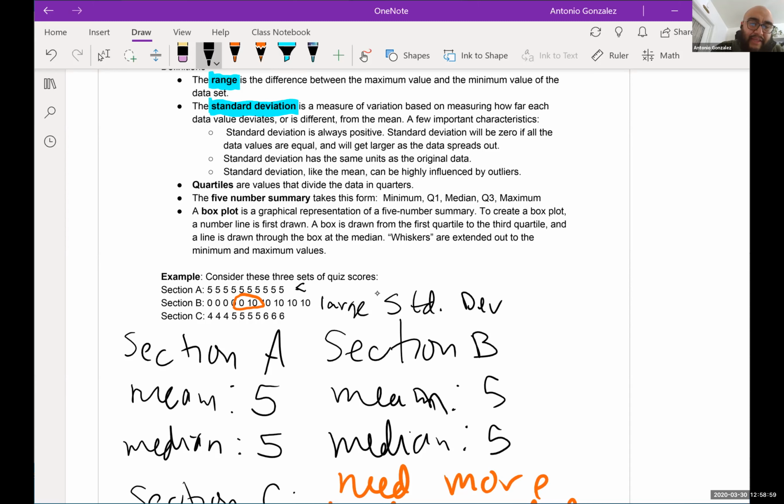And this one has 0 standard deviation, because all the values are the same. Now, for section C, those are more bunched up. If we look at the values, there's 4, 5, and 6. So there is deviation, but it's very small. So here, a relatively small standard deviation.